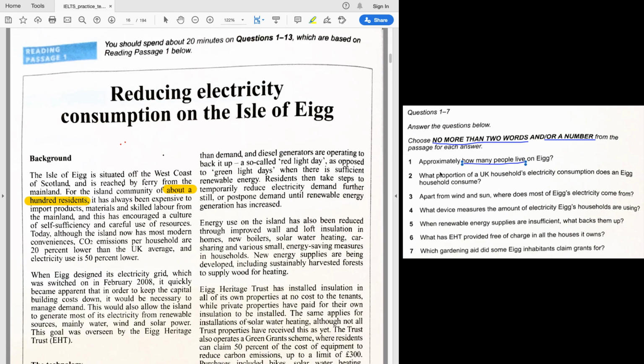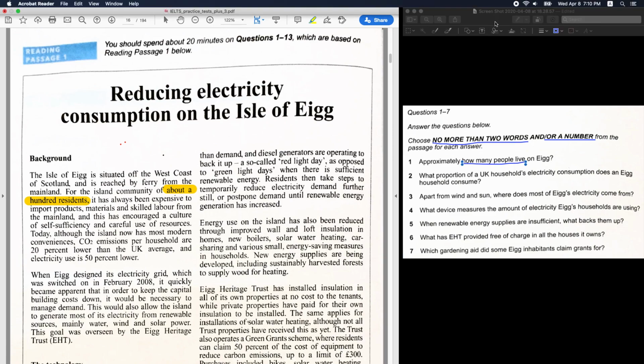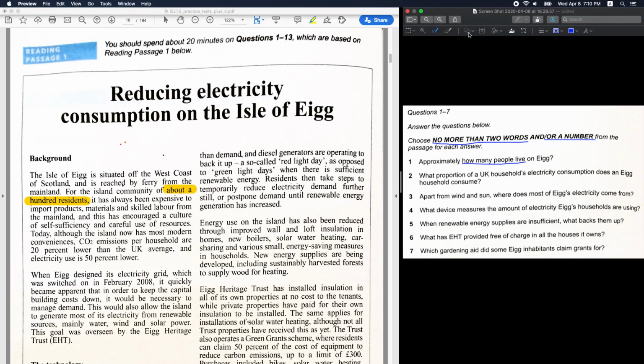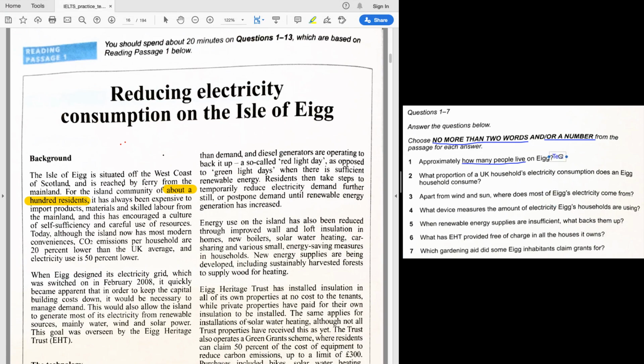So they're not asking for a specific number from us, but at the same time, it's about 100 residents. So we're going to write down the number here, 100. Again, you can use a word, and you can use just a number here. We're going to move the text box here and just type in 100.